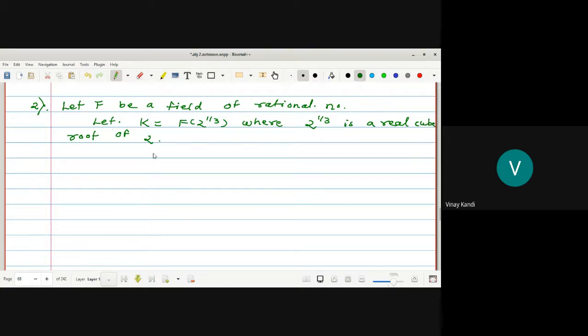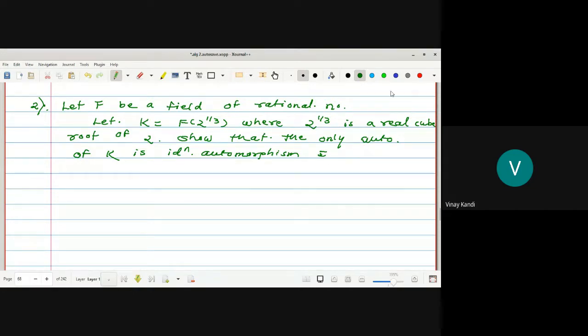Show that the only automorphism of capital K is the identity automorphism.